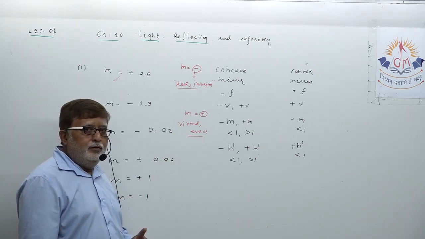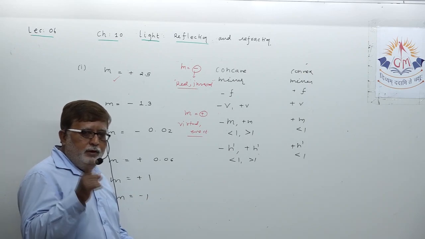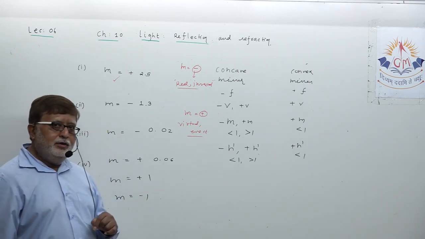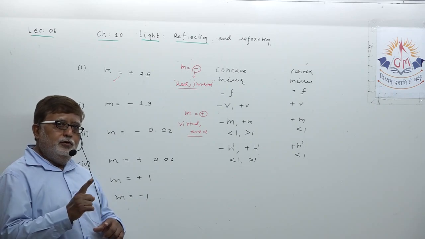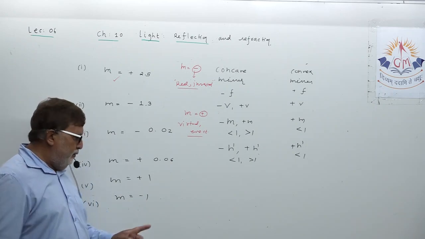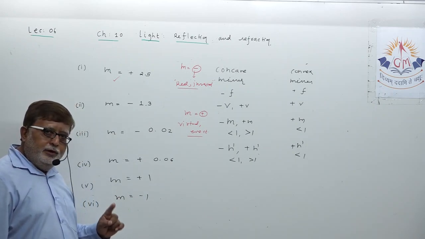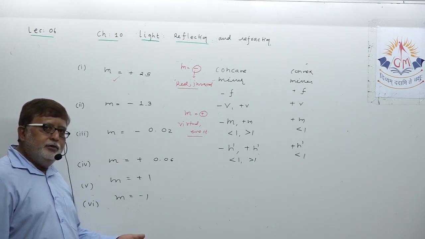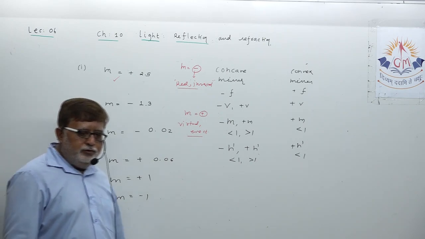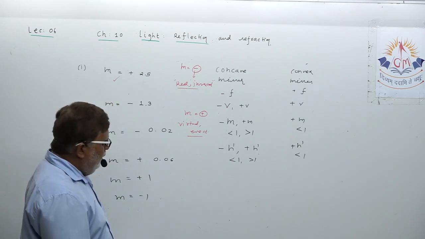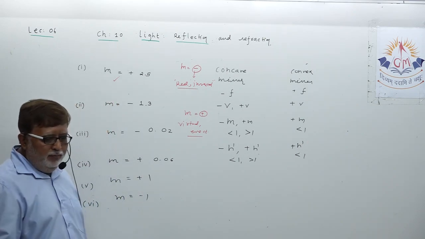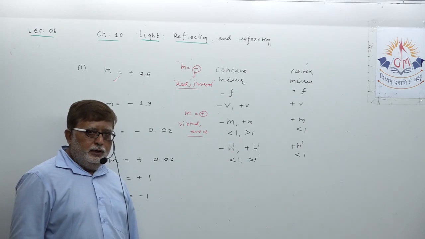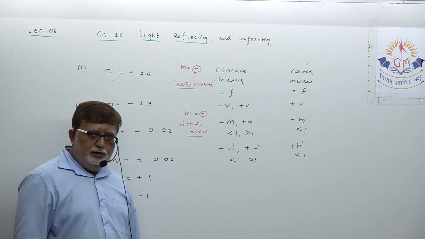Plus 1, not less than 1, not more than 1. Exactly 1, that means you will write virtual, erect and of same size. Minus 1, real, inverted and of same size. Such MCQs I have given in your numerical assignment, which I am also giving to you today in homework. Okay, this is clear in your mind.